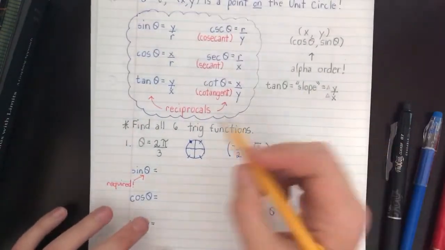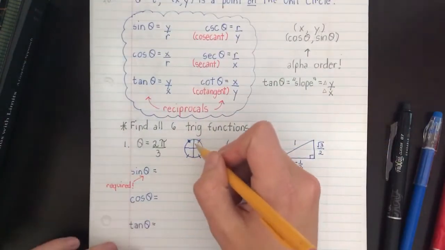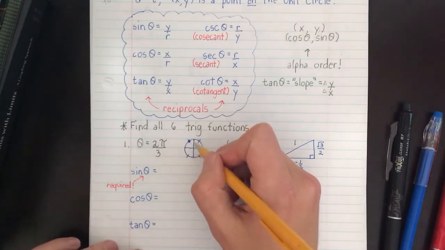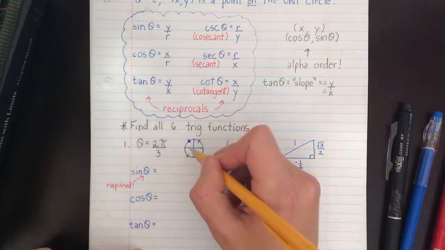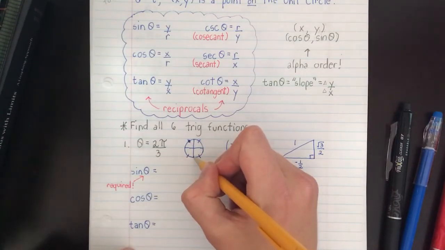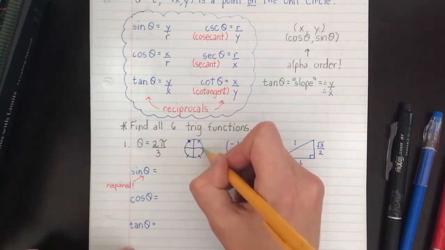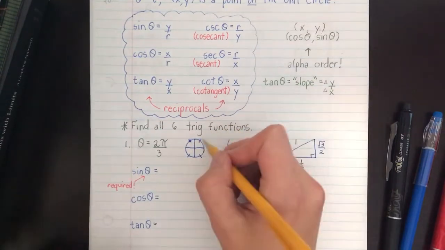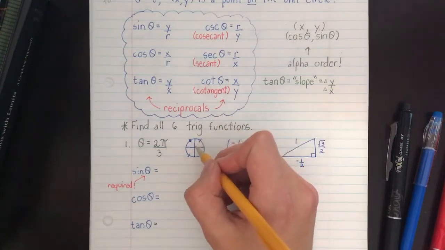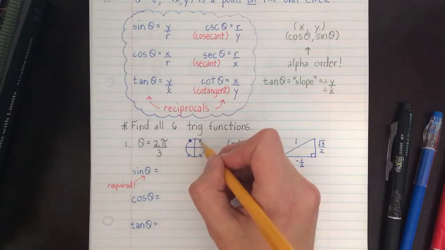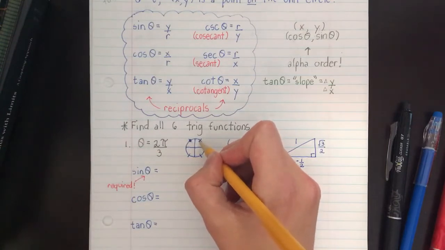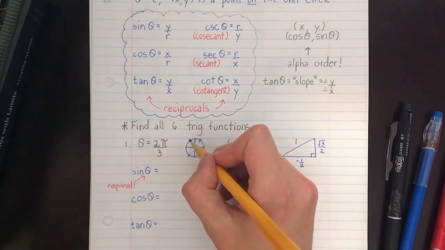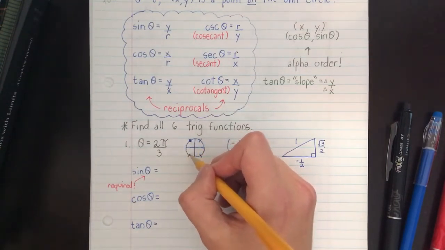I've drawn the unit circle with 0, pi over 2, pi, 3 pi over 2, and then 2 pi, that full revolution. These are not to be confused with your 45-degree angles; these are your cutting it into thirds. So this is your 60-degree angle, this is your 120, and this is your 180, and so on and so forth.